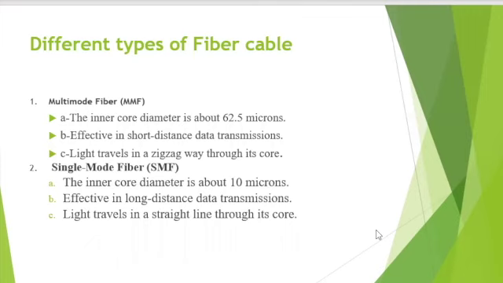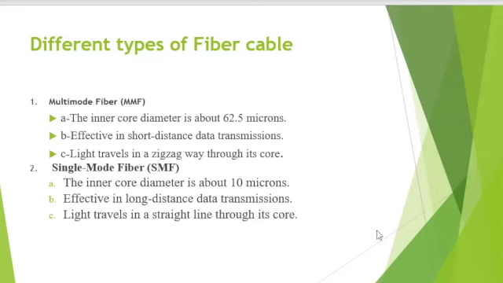And the multi-mode fiber can travel a smaller distance than the single mode fiber, because the light travels inside of its core in a zigzag way. However, in a single mode fiber, the light travels in a straight line through its core. That's why, when you want to transmit data over a long distance, it is better to use a single mode fiber.